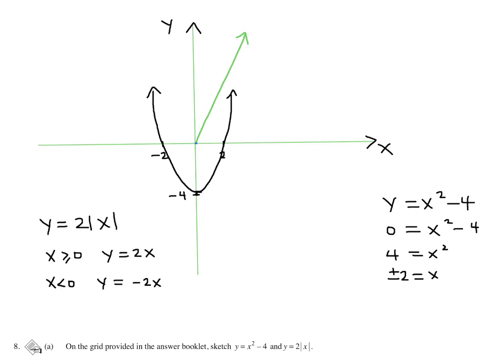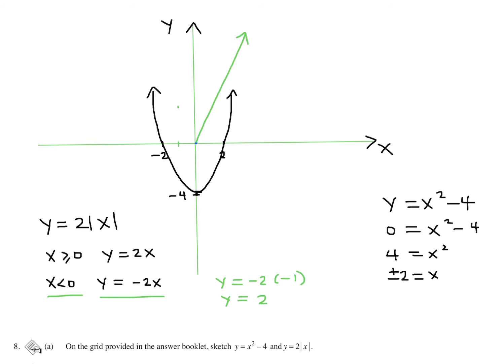In the other quadrant, x is less than 0, you'll have a very similar scenario, but you are going to use this equation. When x is negative 1, for example, it will be negative 2 times negative 1, which is y is equal to 2. So negative 1 is here, and this is 2 approximately.